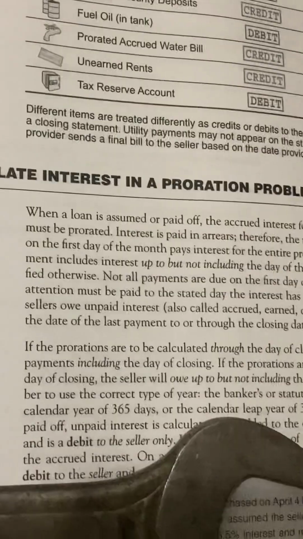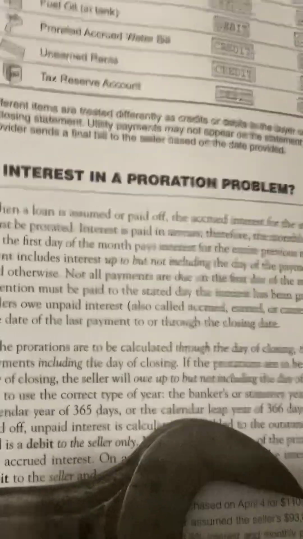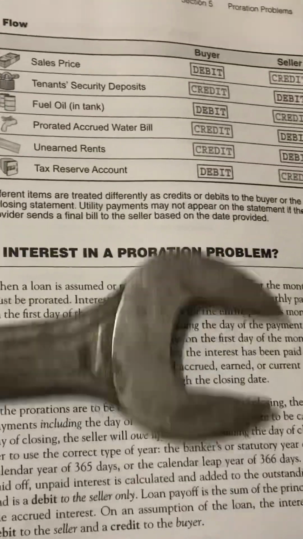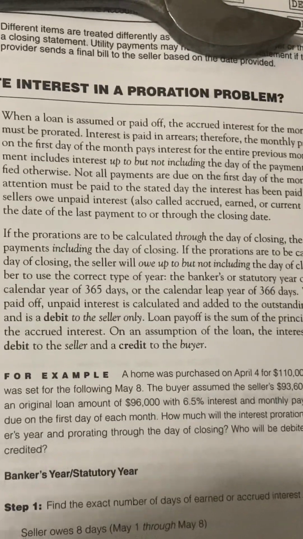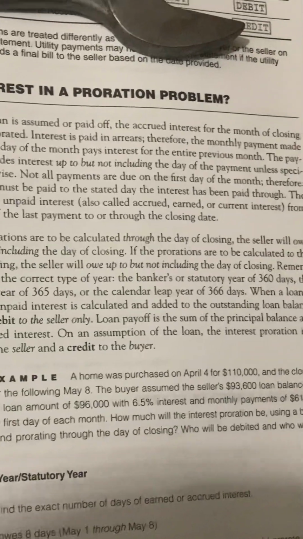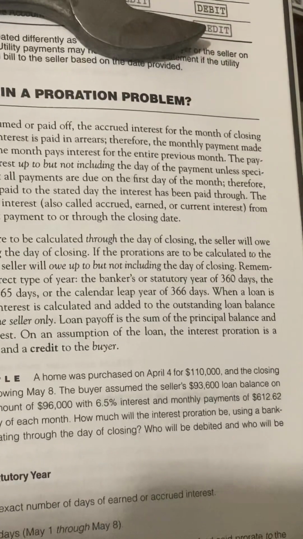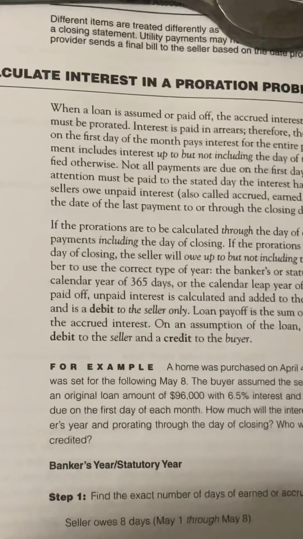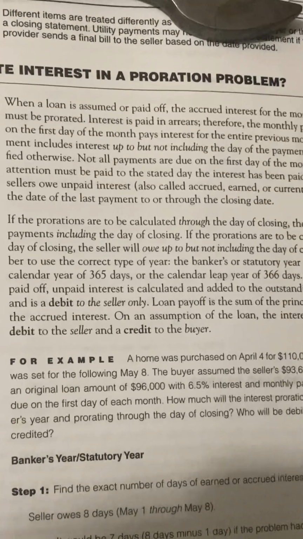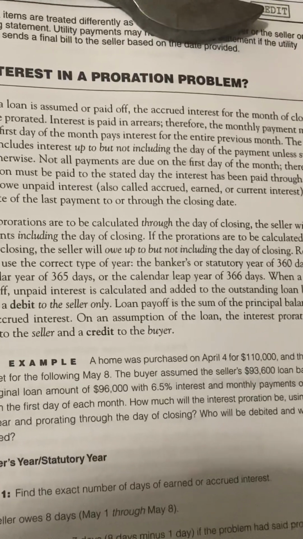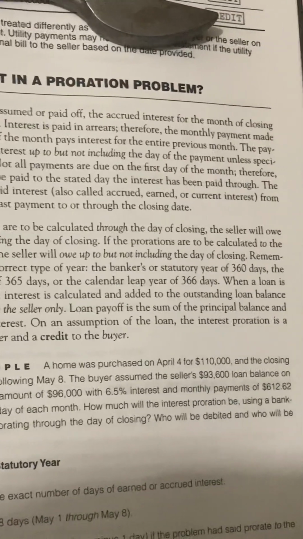How do I calculate interest in a proration problem? When a loan is assumed or paid off, the accrued interest for the month of closing must be prorated. Interest is paid in arrears.